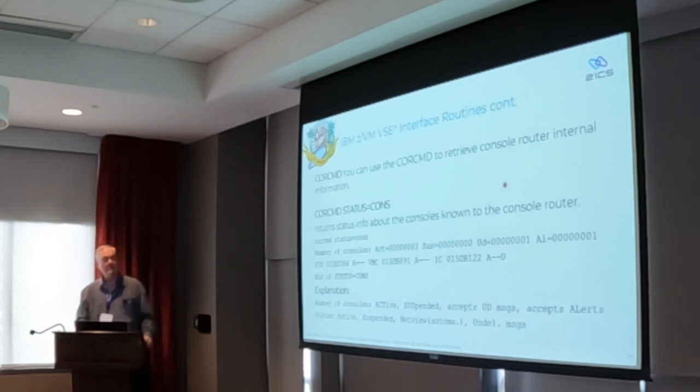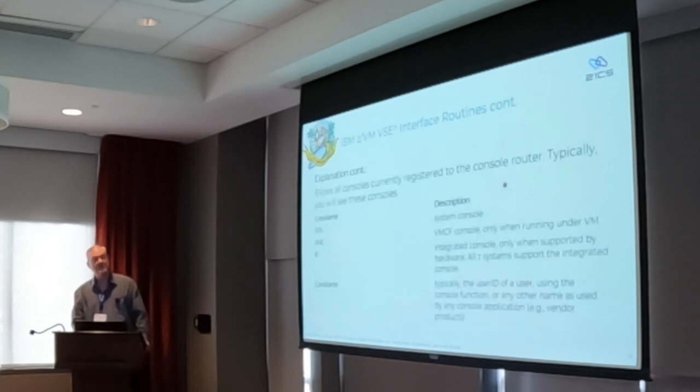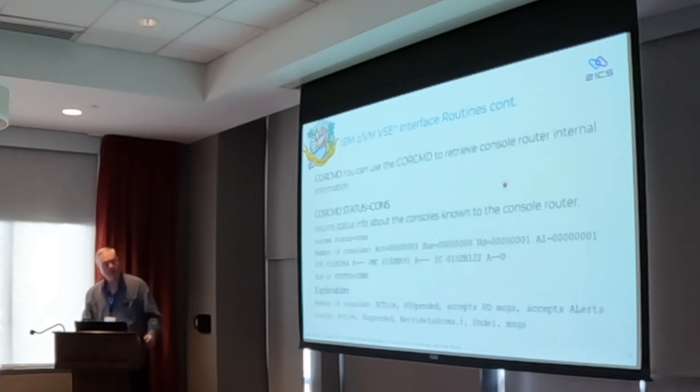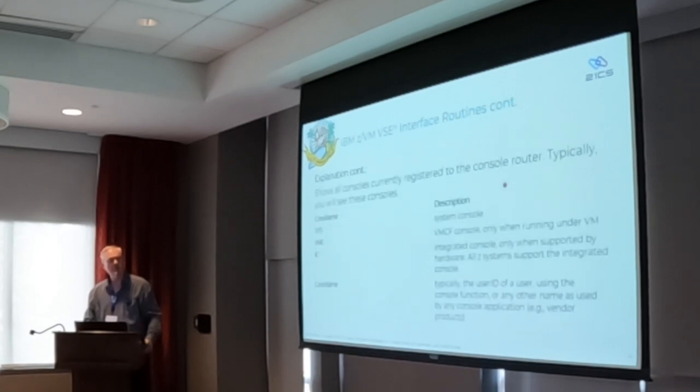What this command is also good for is checking the status, to see that the VMCF console is up and running if you're running under VM, and you'll see the VMC up there. We also have the system console. If anyone is logged on to IUI and is using the interactive interface console, you'll also see the IC. Some vendor products also run their own console, and you'll be able to see them also.